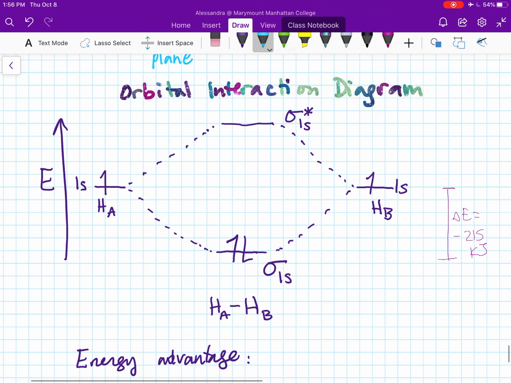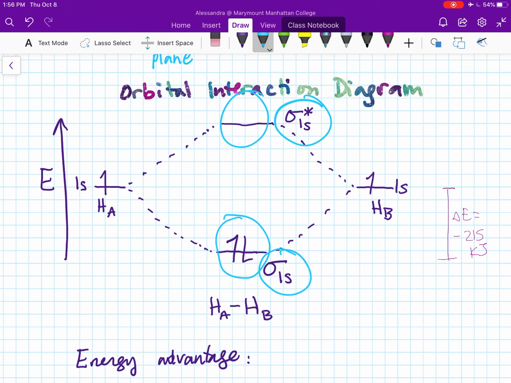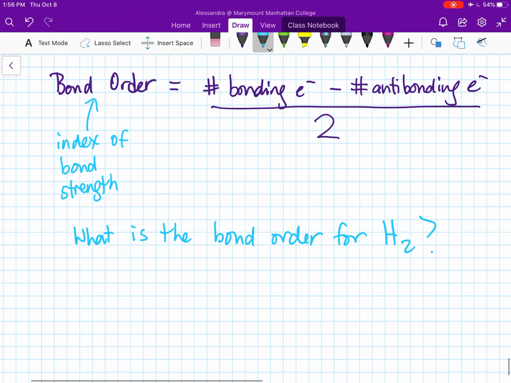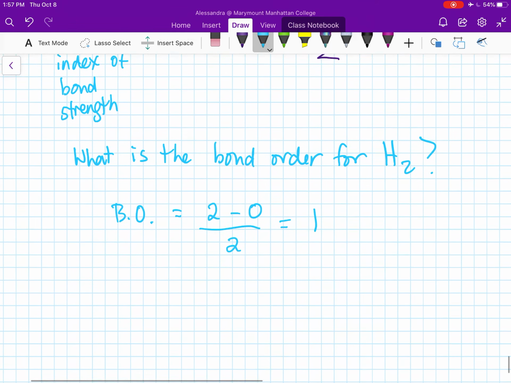I can see that in the H2 molecule, I have 2 electrons in a bonding MO and no electrons in the antibonding MO. So that means that my bond order is going to be 2 minus 0 divided by 2. 2 divided by 2 is just 1. So the bond order for H2 is 1.